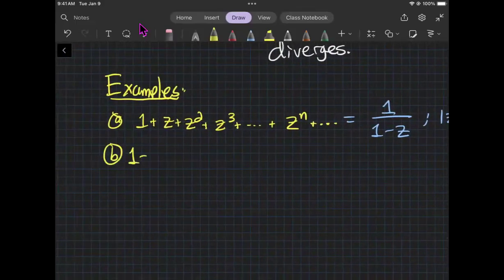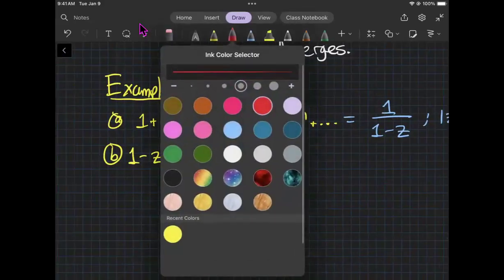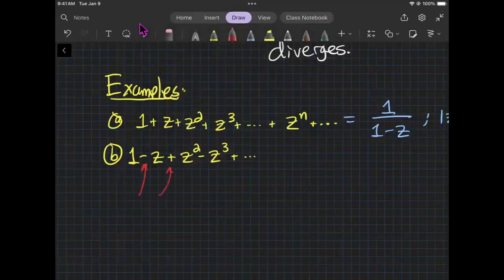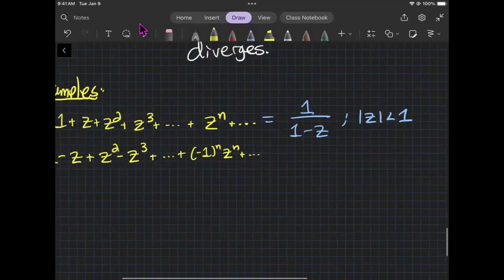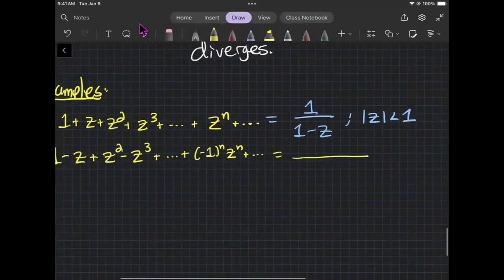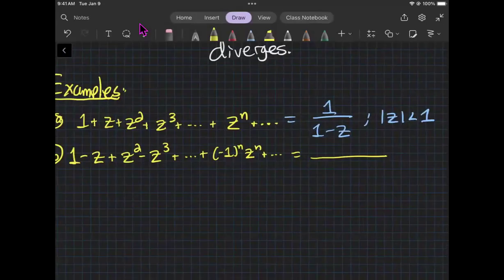Here's another one: 1 minus z plus z squared minus z cubed plus... How would you figure out the nth term? Well, the signs are alternating for each term, and then you're just increasing the power on z by 1. So the nth term would be minus 1 to the n times z to the n, or you can write out minus z to the n.